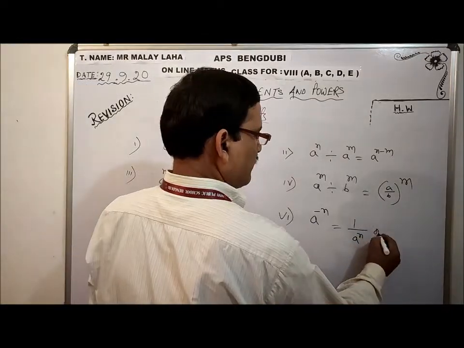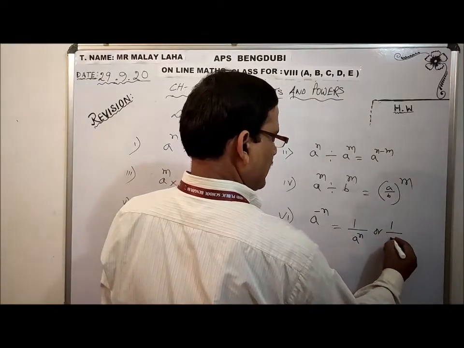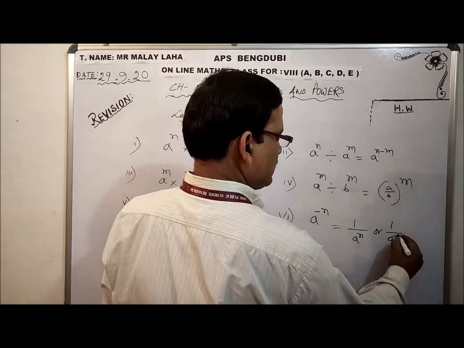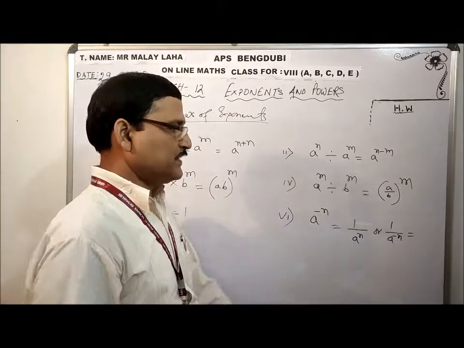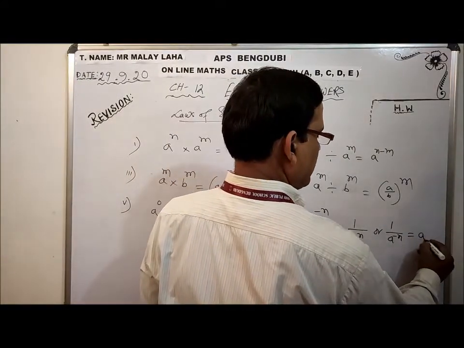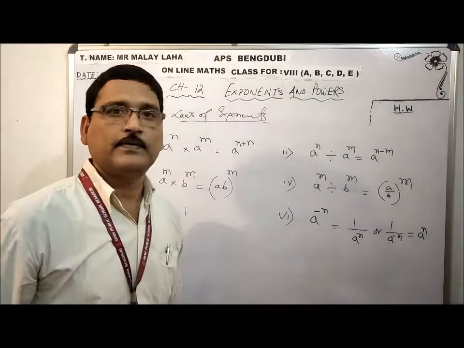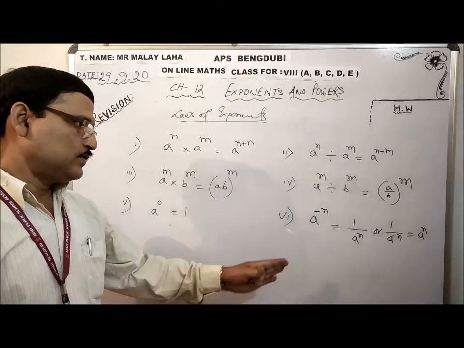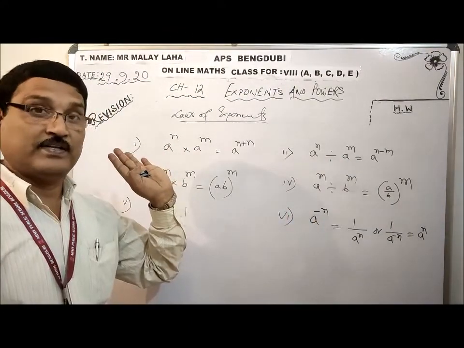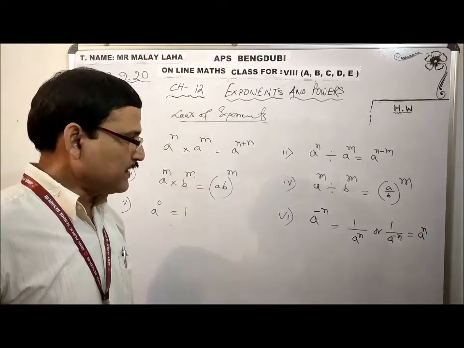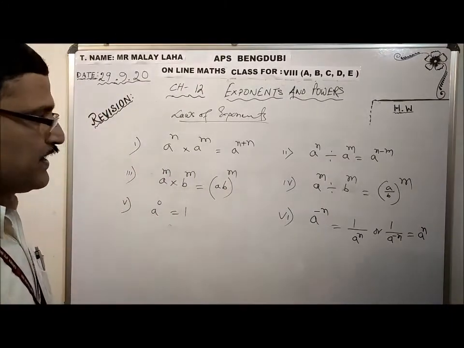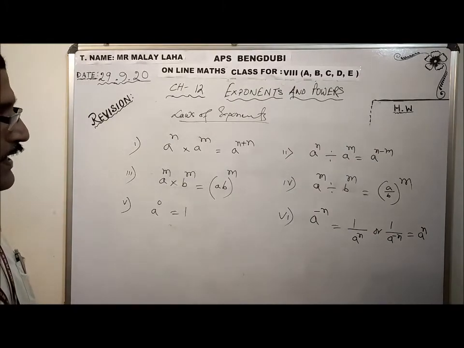Or if 1 by a raised to minus n, if I would like to make it positive, same way, reciprocate the base, so it will be a raised to n. Clear? So it will come in your exam definitely. I will use it in the form of MCQ or fill in the blanks. So be careful. Okay? The negative exponent, this is the way we will calculate.